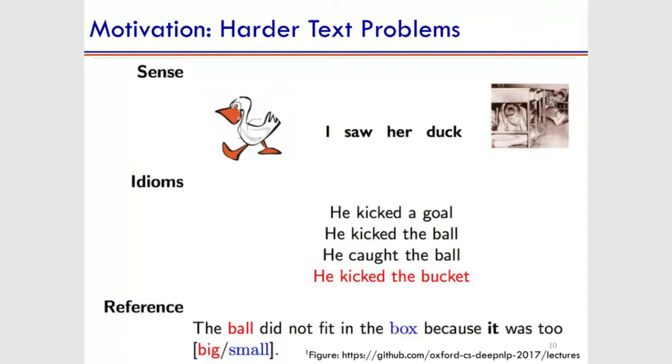And for example, here: the ball did not fit in the box because it was too big or small. We know what this means because if the ball did not fit, the ball is bigger than the box. We know which one is which, but it's kind of harder for computers to disambiguate these things.